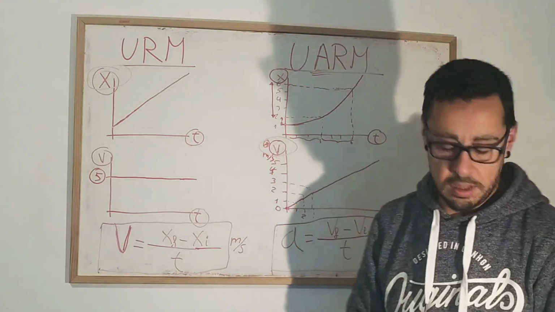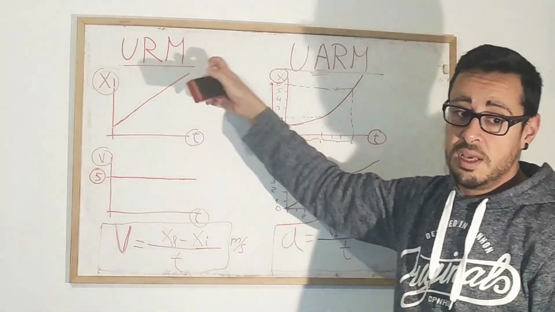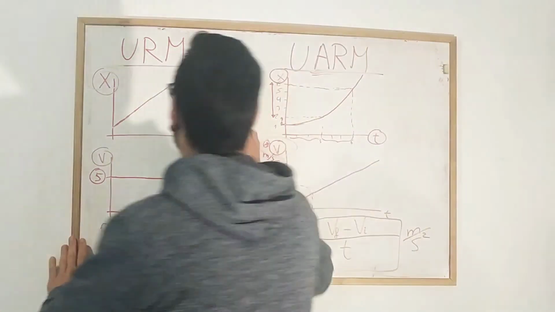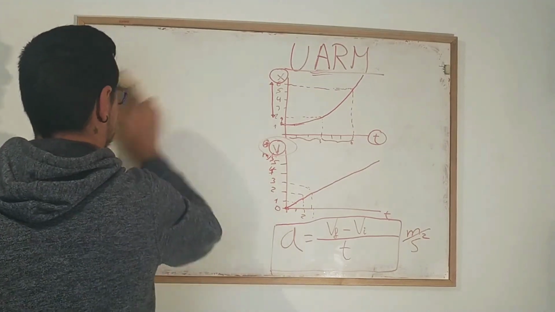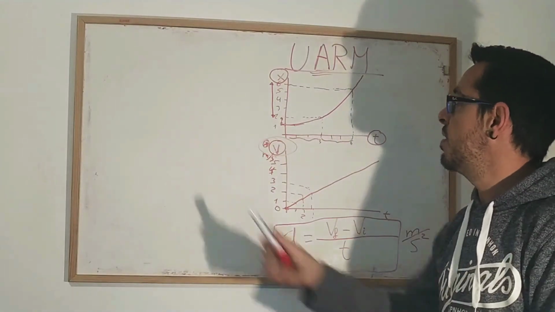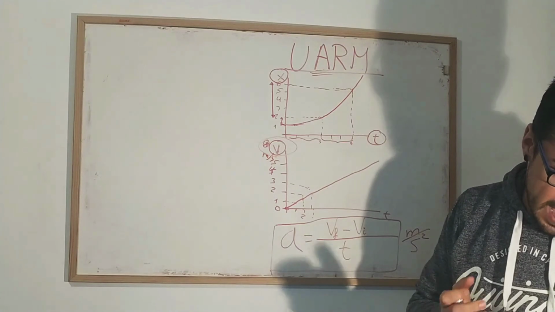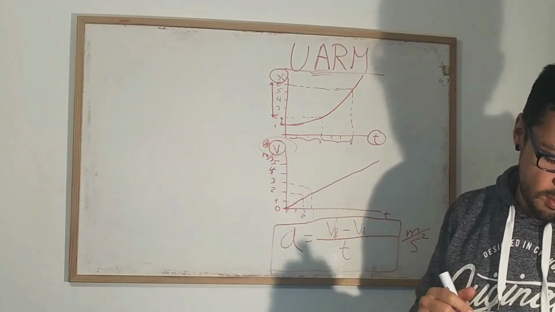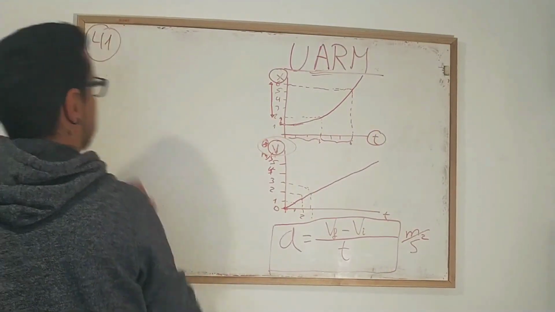We've been seeing in lesson 5 this movement, and now we are starting to learn this one. I'm going to erase this one. I hope I have enough space here. 41. On a test track, a car goes from 0 to 108 kilometers per hour in 10 seconds. Okay, this is the 41.